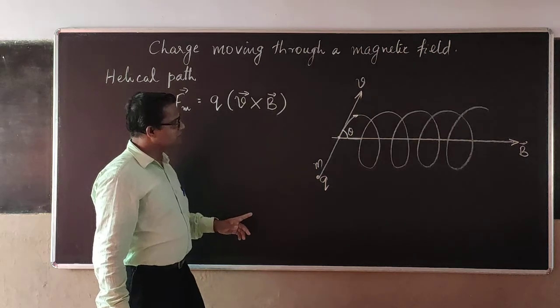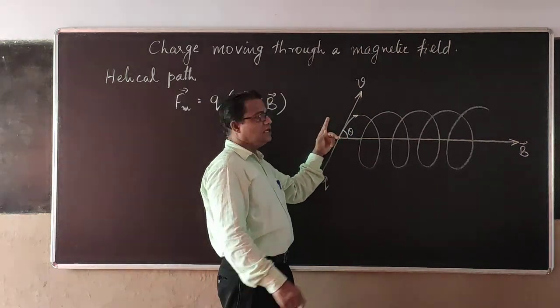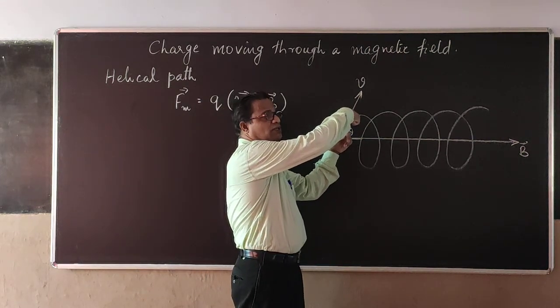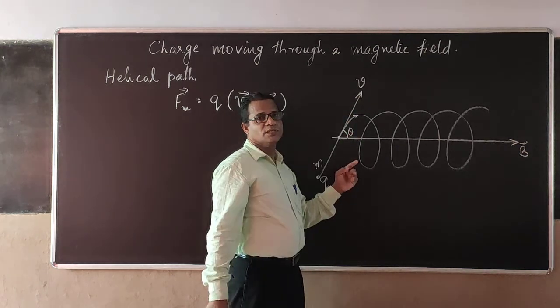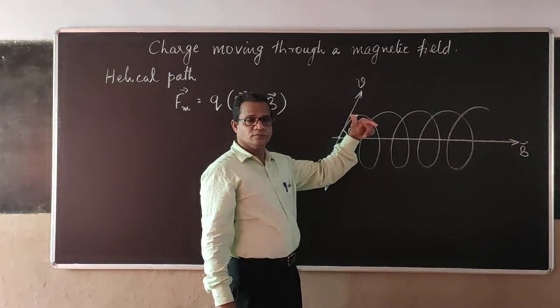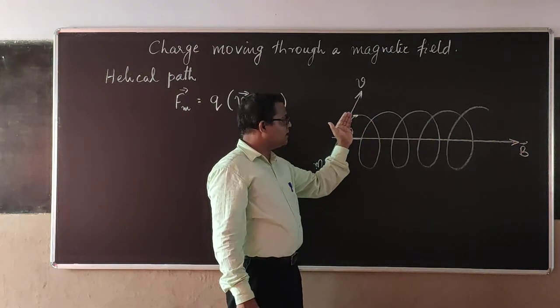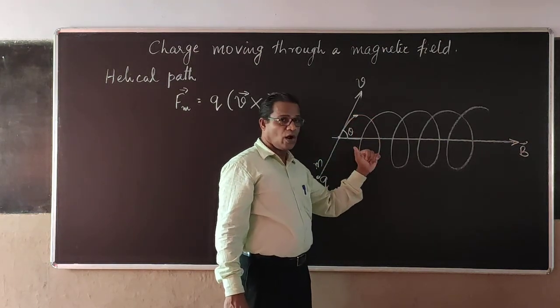So when the particle is trying to move like this, a force will be acting perpendicular to that, and the particle is made to bend like this according to the force. So that is why the particle is taking a turn around.